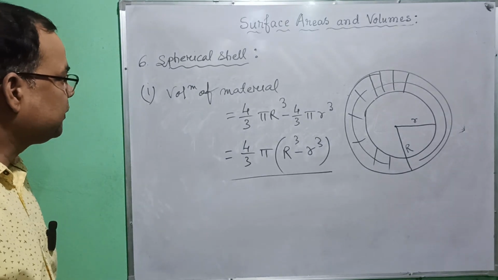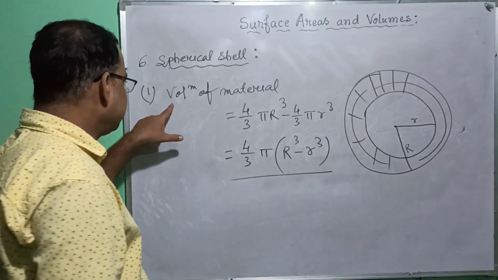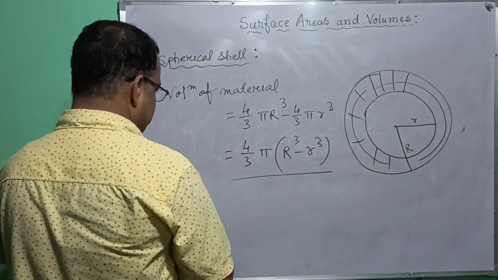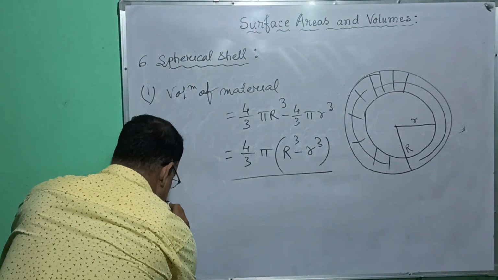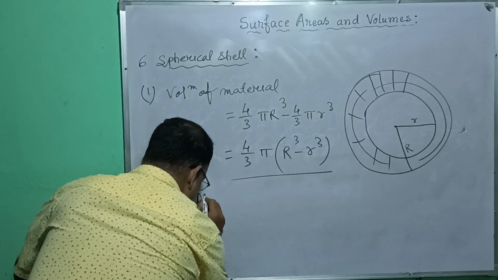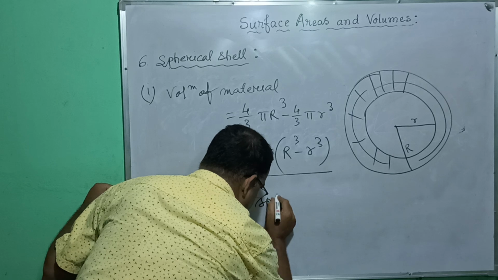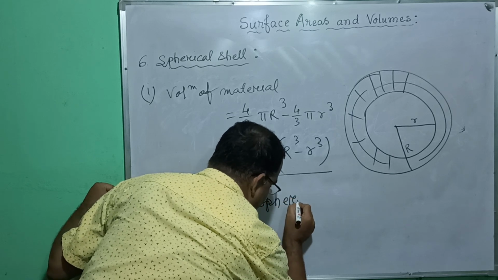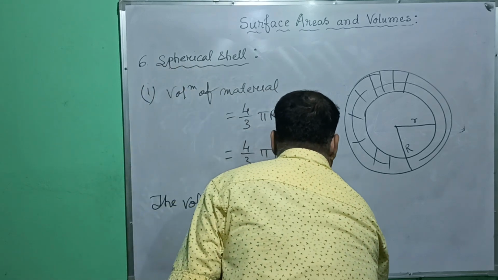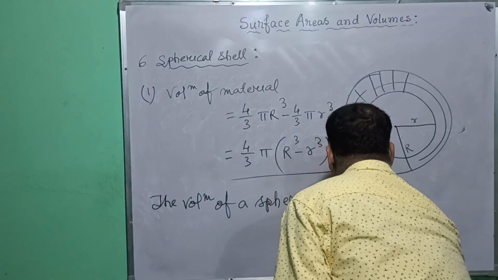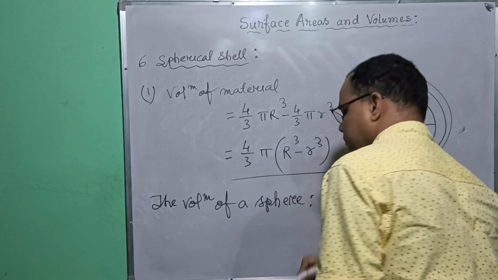That much only. As I forgot to write the volume of a sphere, you can write it. The volume of a sphere is equal to, just remember, 4 by 3 pi r cube.